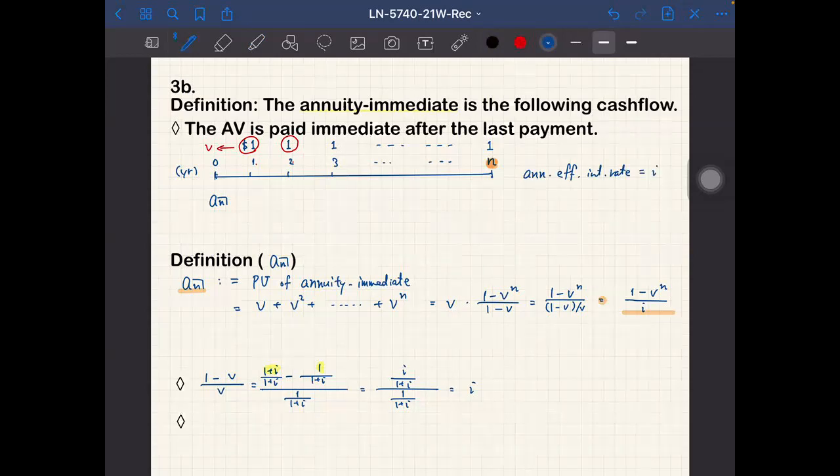So if we would like to clarify that the interest rate is i, then we can write a angle n at i. So this is the definition of a angle n and a angle n at i.